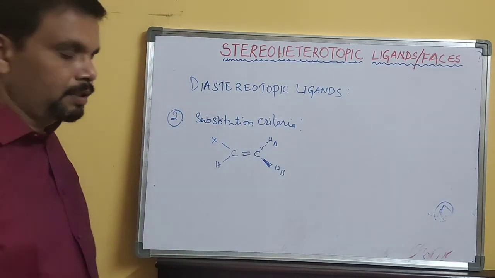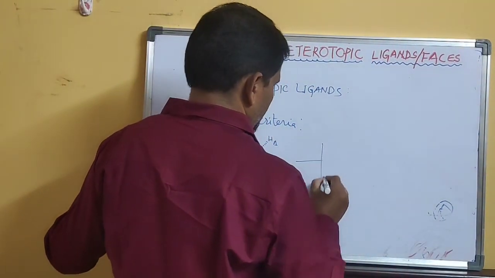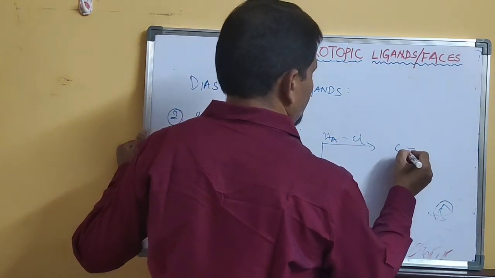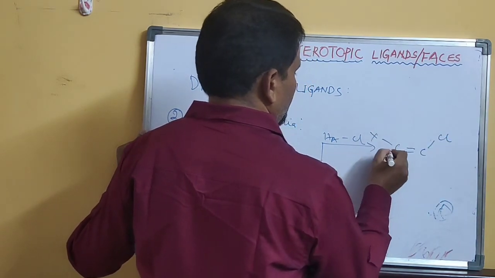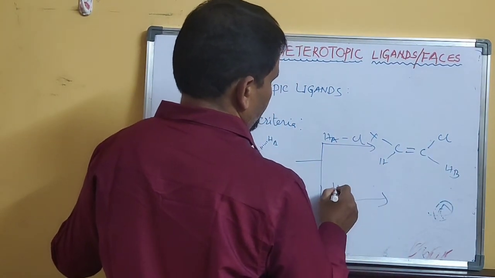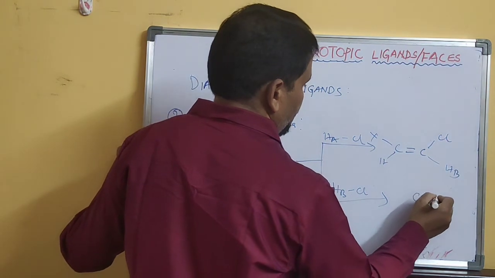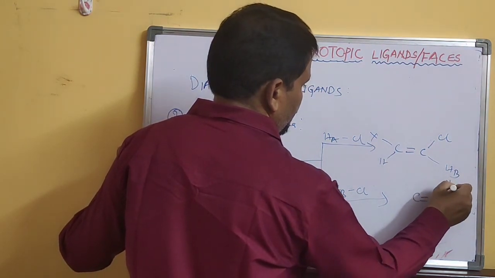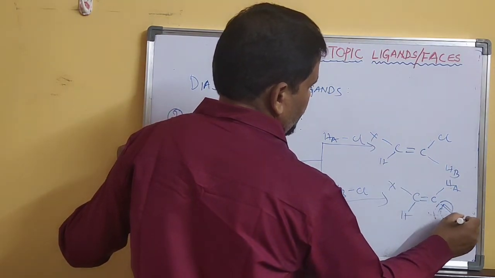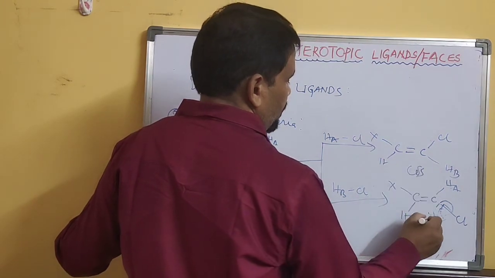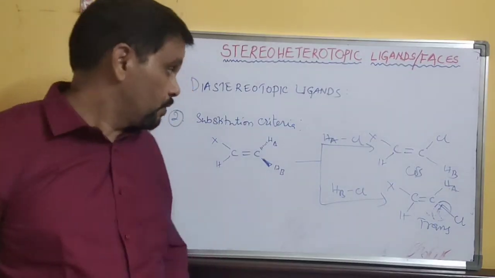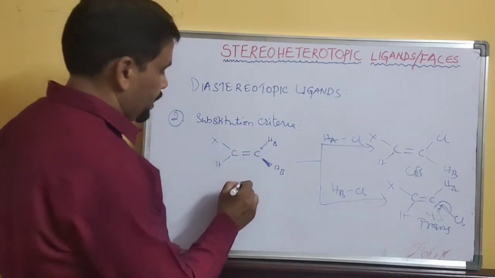Suppose HA is substituted with chlorine, you will get C double bond C, Cl, X, H and HB. And the other one, if HB is substituted with chlorine, you get HA, X, H, and this one Cl. This is cis and this is trans. Two isomers will be formed. Those are diastereomers.